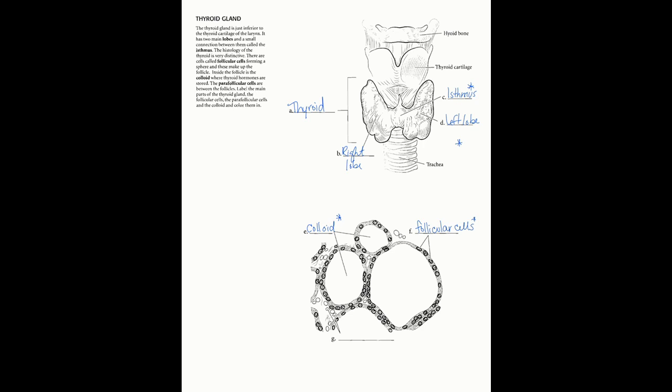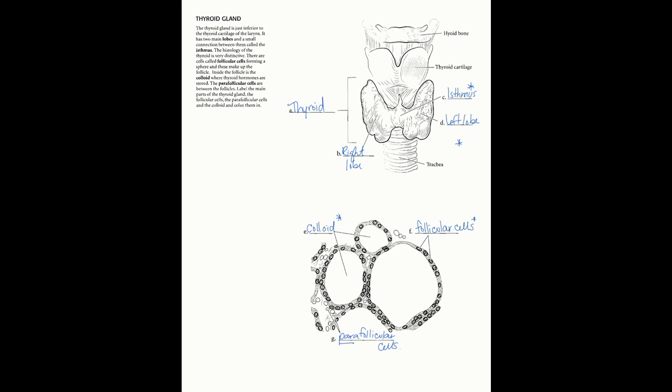And then G, which is off to the side, is our parafollicular cells. Now, para, which means near, the near follicular cells. In humans, the function there isn't as understood.